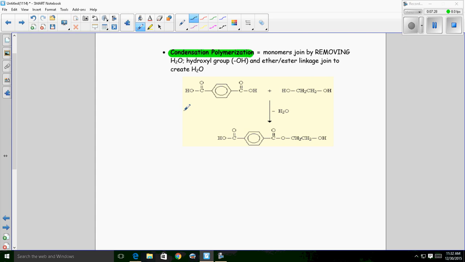When you hear the term condensation, what I'd like you to do is think of water. So what you have here is monomers joined by removing a water molecule. We're dealing with a hydroxyl group here, an OH group, and either an ether or ester linkage joined to create water again. So here's what happens.